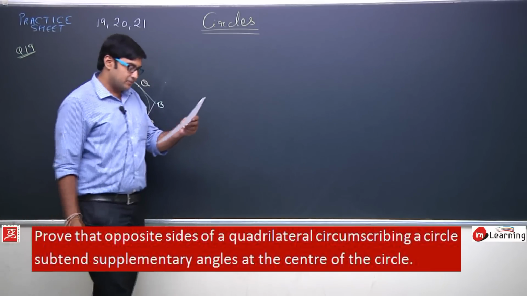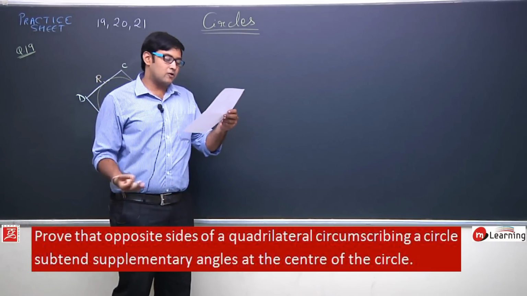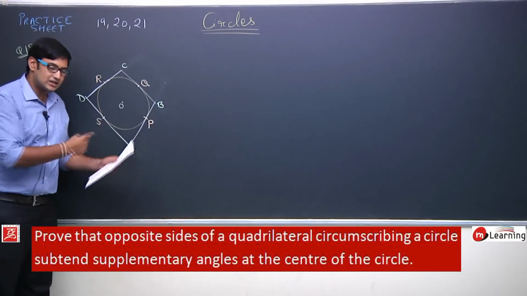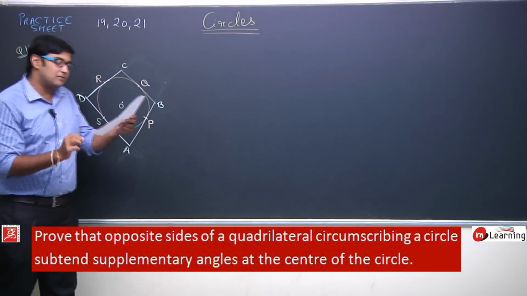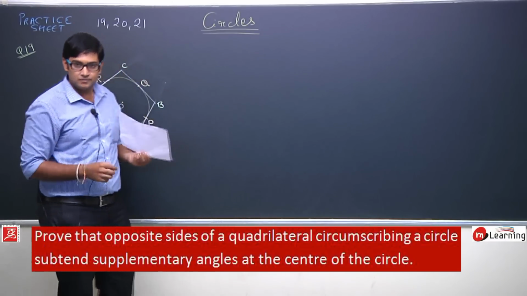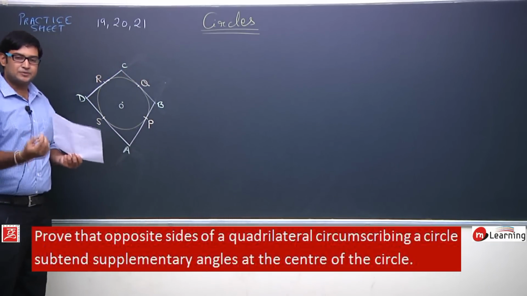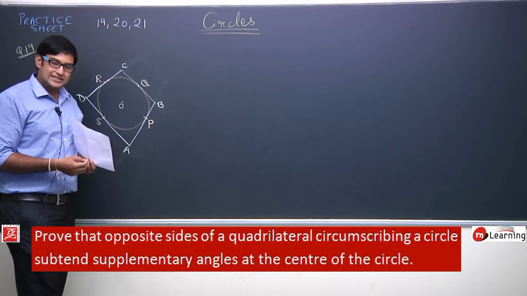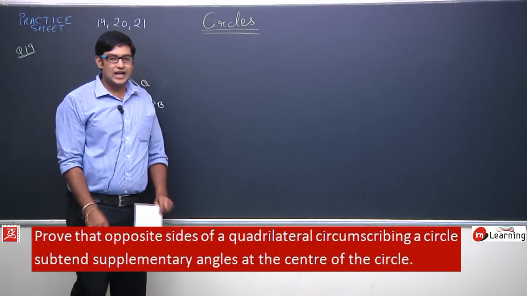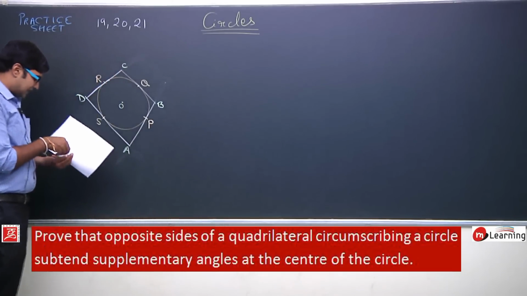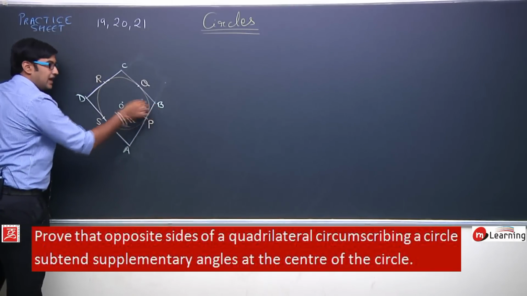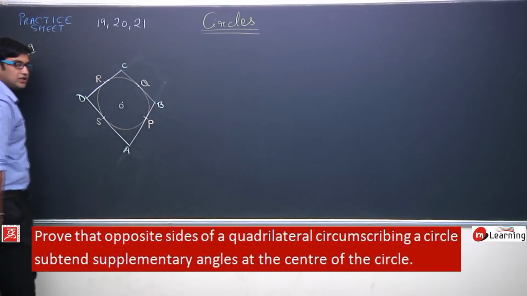Now further it says, prove that the opposite sides of a quadrilateral circumscribing a circle subtend supplementary angles at the center of the circle. So which sides subtend supplementary angles? The opposite sides of this quadrilateral. We can see that side AB and side CD are opposite to each other.